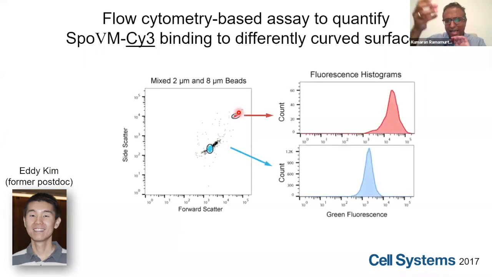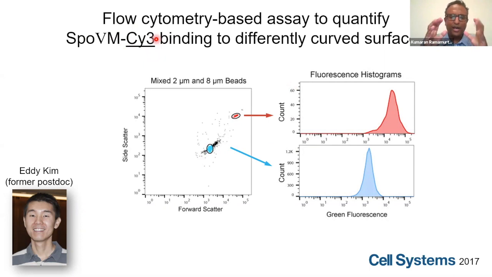It can then, as it's separating out the size of these beads, also look at the fluorescence intensity of each one of those bead sizes. And so in these experiments, Eddie, for technical reasons, didn't use the GFP fusion. Instead, he's using a small molecule that's fluorescent called Cy3.